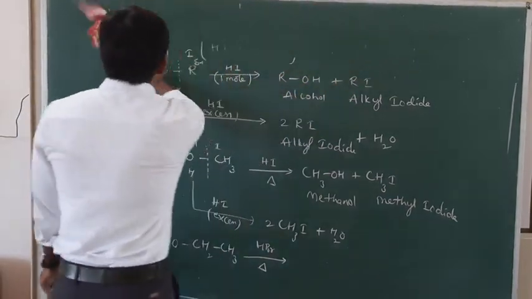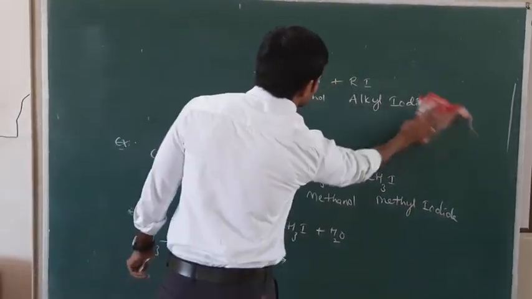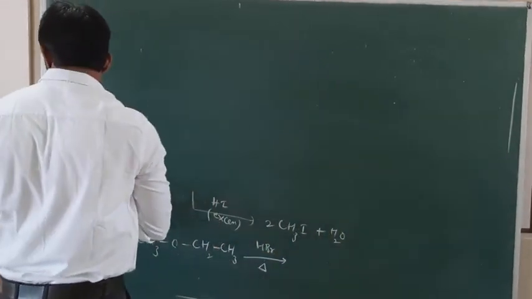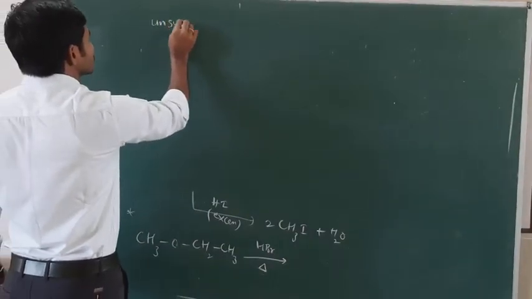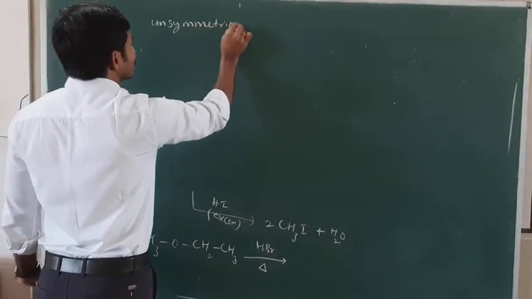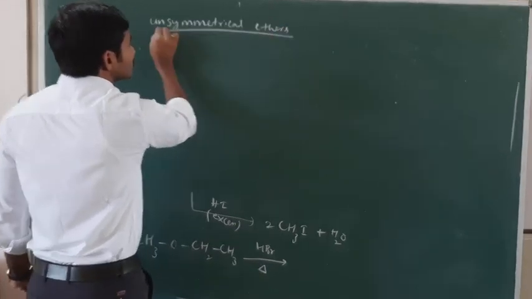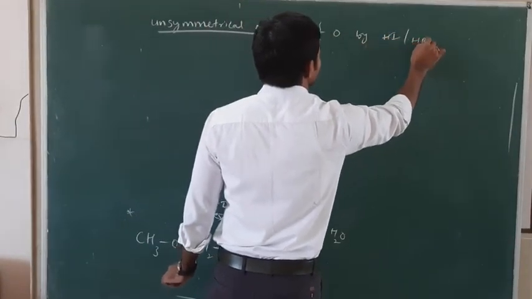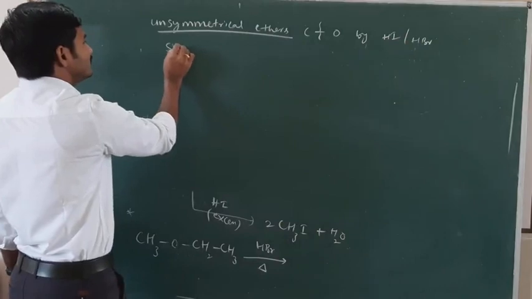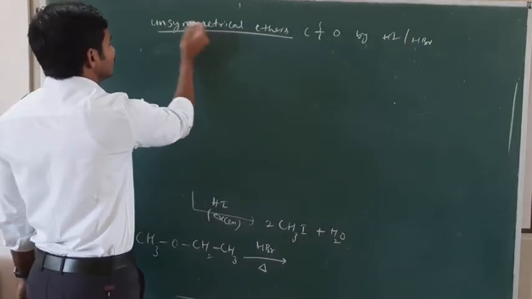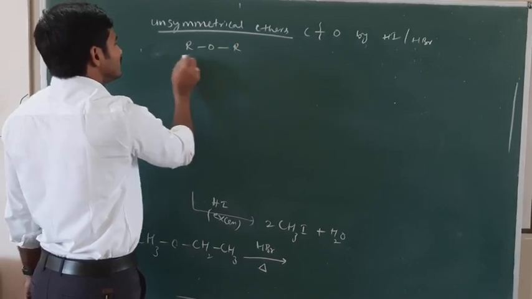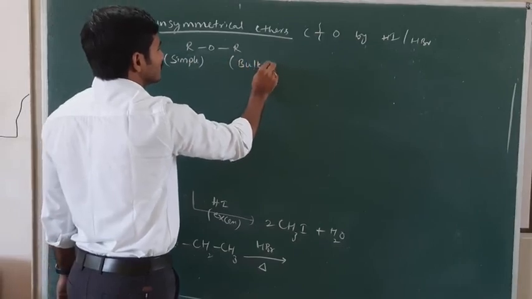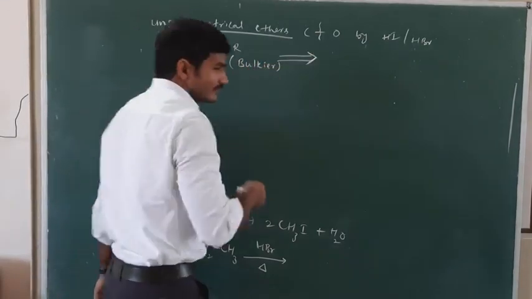What is that shortcut? In unsymmetrical ethers, C-O bond cleavage by HI or HBr. If you take ROR, let us take this alkyl as simple and this alkyl as bulky.